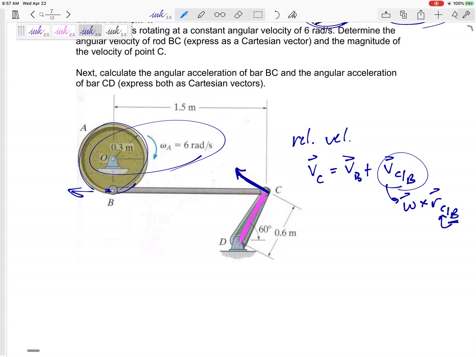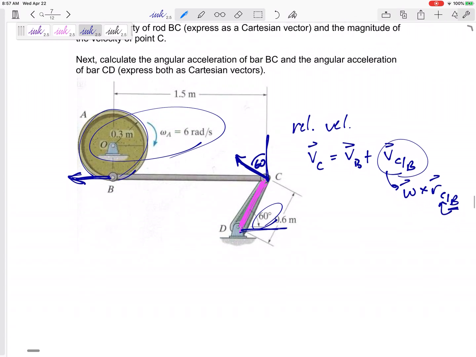Sometimes you can visualize it. If velocity B is going that way, which way do you think velocity of C is going? All right. Now, what direction is that? At what angle did I just draw that? This pink line is 60 degrees from horizontal, right? This velocity is perpendicular to that. It's going to be 60 degrees from vertical.